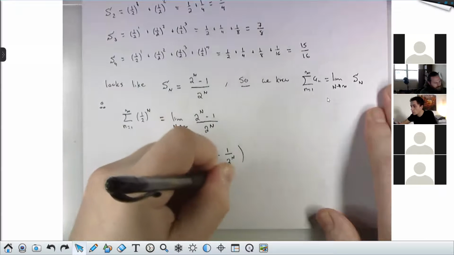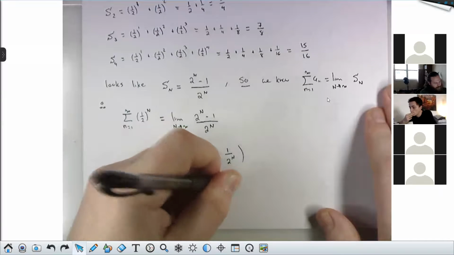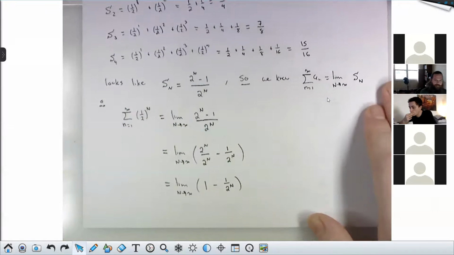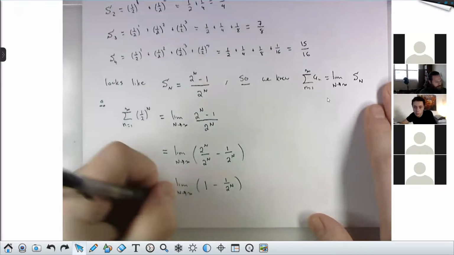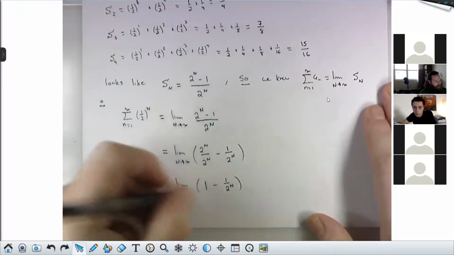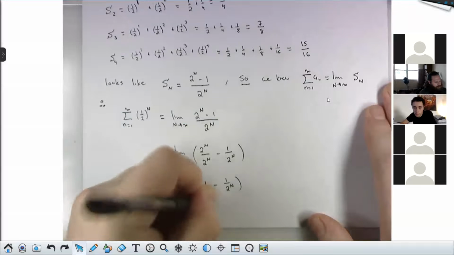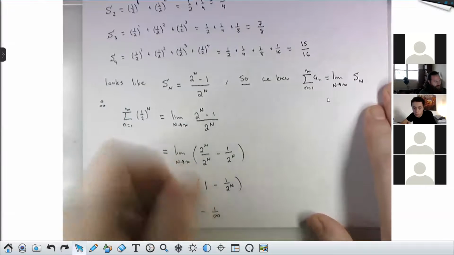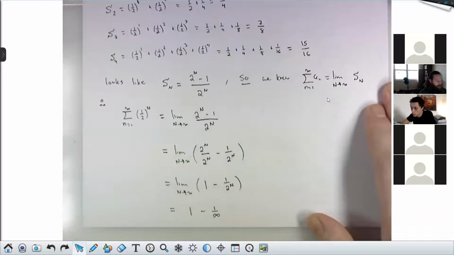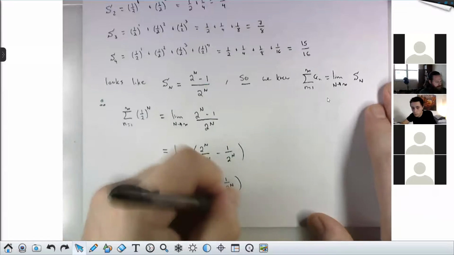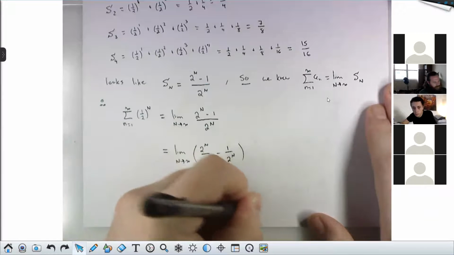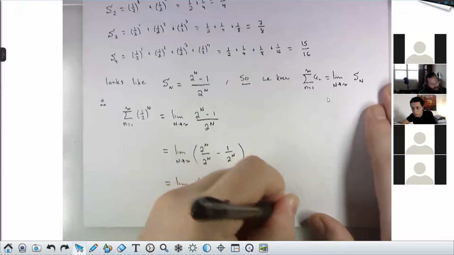So this is 1 minus 1 over 2 to the n, like that. As capital N goes to infinity, what does the 2 to the n down here do? The 2 to the n itself is going to go to infinity. And 1 over infinity is going to get very, very small. This is 1 minus 0, or just 1.